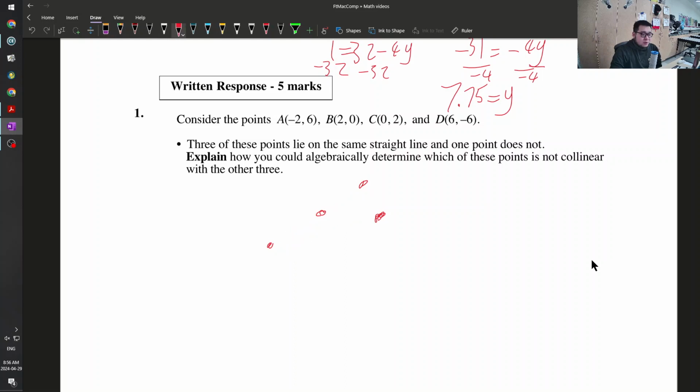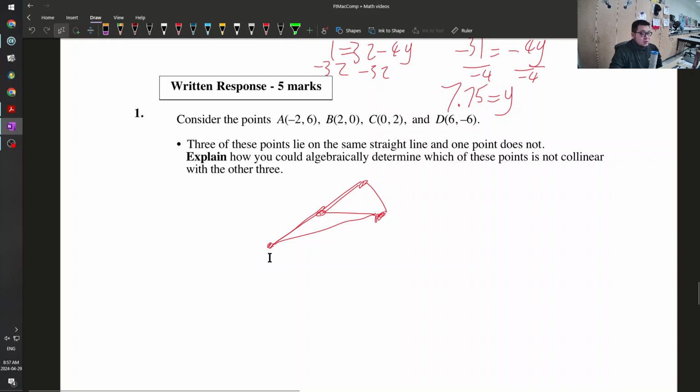We can have 6 different slopes, and 3 of them will be the same. If three of them are the same, then those three points are on the same line. Then it will be really obvious which one is not collinear.